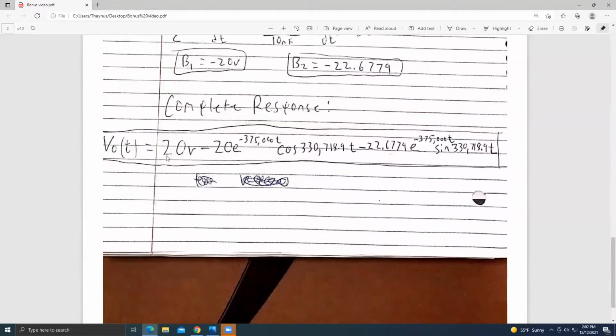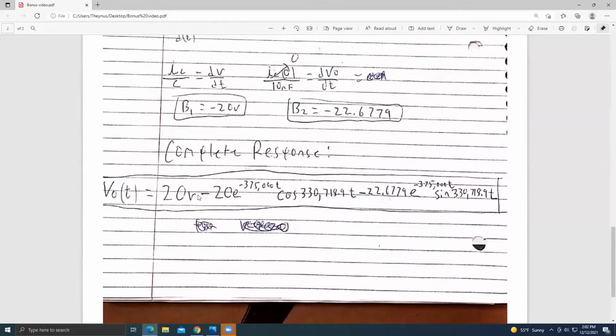So our forced is going to be 20 volts. We are going to have that plus b1, but b1 is equal to negative 20 volts, so it's going to come out to minus 20 e to the negative 375,000 t, this being our alpha, times cosine 330,718.9, which is our omega d t.